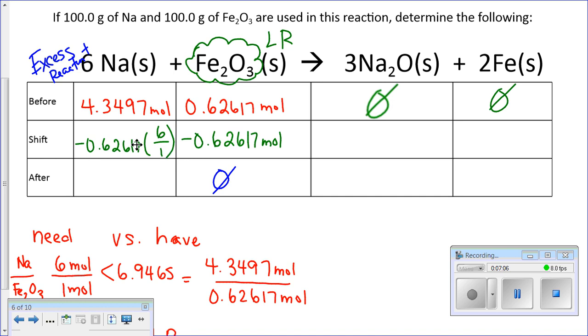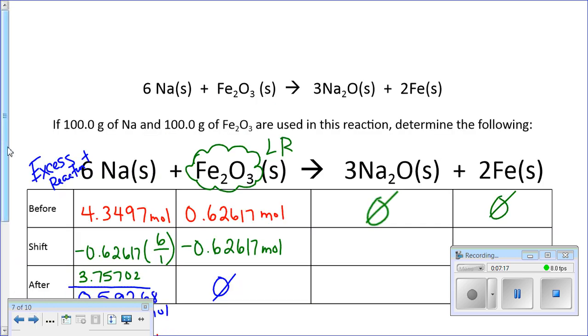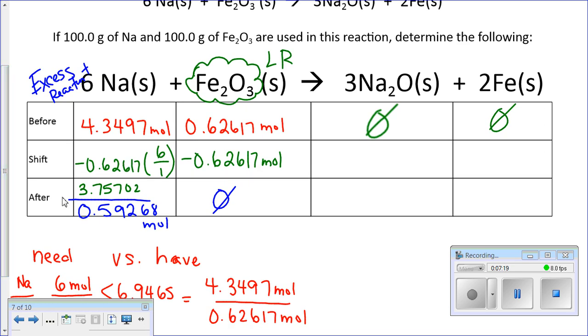Okay? So I'm going to take my moles of iron 3 oxide and multiply that times a ratio of 6 to 1. And when I do that, I'm going to get right here in green 3.75702 moles. That's how many moles of sodium I'm going to use.